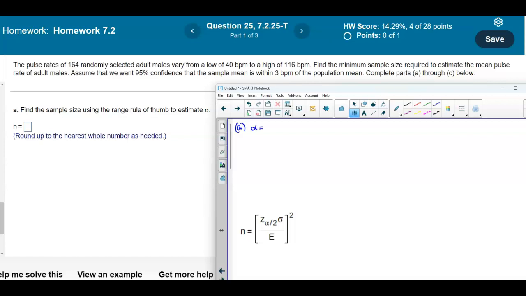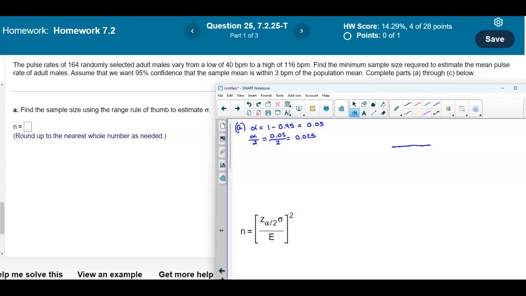Alpha is 1 minus the confidence level. The confidence level is 95%, so as a decimal it's 0.95, which gives us 0.05. Then we divide alpha by 2, and 0.05 divided by 2 is 0.025.